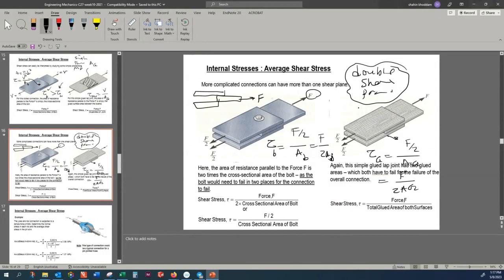Left hand side, I apply F. Here, I should have F by 2, F by 2. So that is a double shear. On the previous problem, if I make a free body diagram like so, if this is F, that one is going to be F. So this is single shear, this is a double shear.